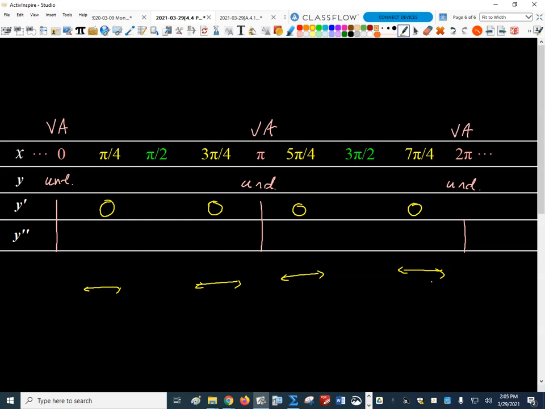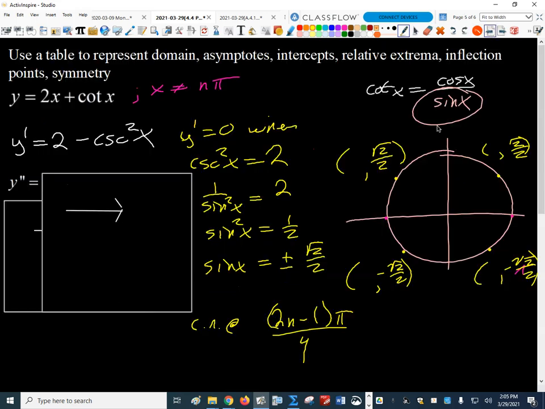Okay, what about the second derivative? Let's go back and look at our second derivative. Would everybody agree if I differentiate 2, it goes to 0, right? And if I differentiate negative cosecant squared x, that's a chain rule issue, right? So, just type it in chat for me, in this function cosecant squared, what's the outermost part of that composition?